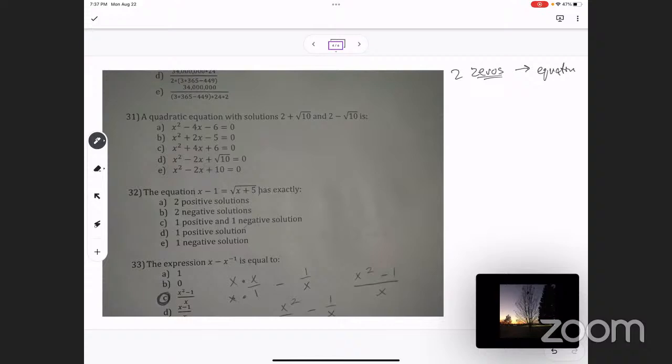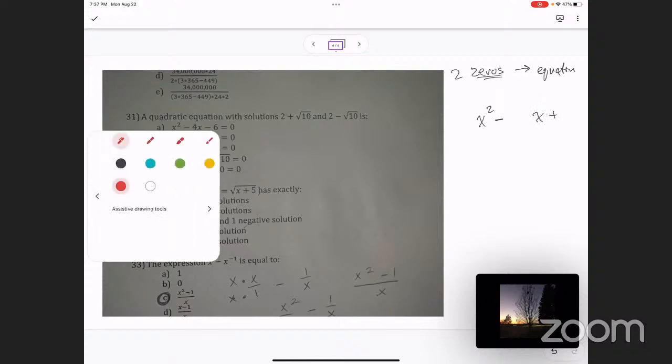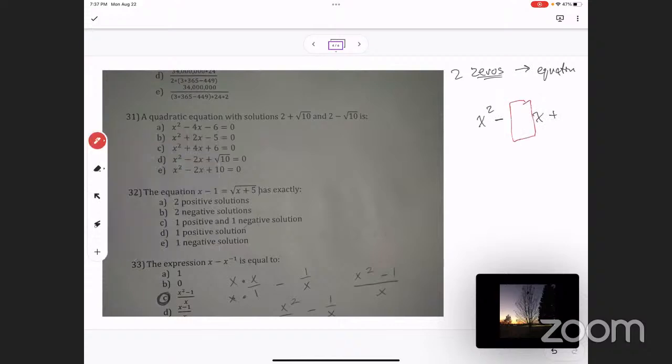It's going to be x squared minus the sum plus the product. That's what it is. It's x squared minus the sum of the zeros plus the product of the zeros.